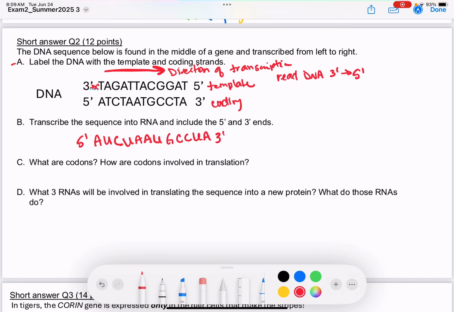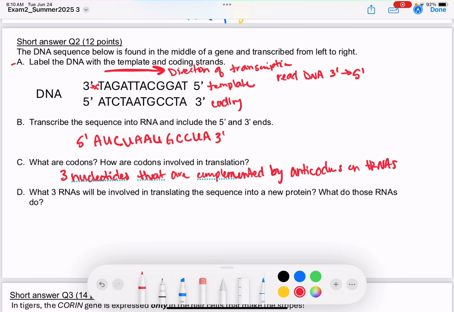What are codons and how are codons involved in translation? So codons are 3 nucleotides that match, or actually are complemented by, anticodons on tRNAs and specify AA to add, so amino acid to add.